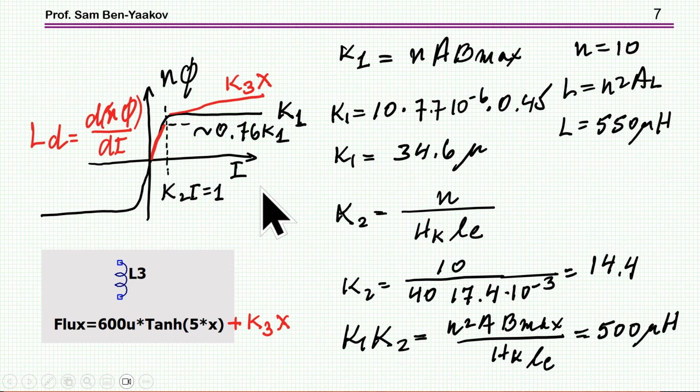Let me just point out that in some BH curves, this is not really very flat, it goes up a little bit, so there is another section here which is a function of the current. If you'd like to take that into account, you can just add another term here, and you can find this slope from the BH curve in the datasheet. I'm not doing it here, just mentioning that you can do that if you wish.